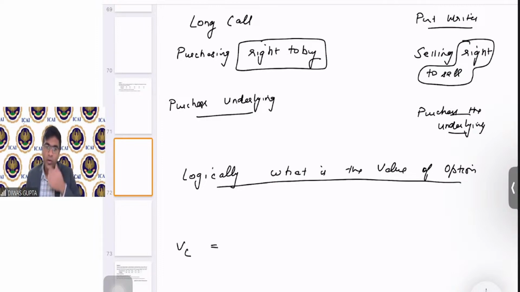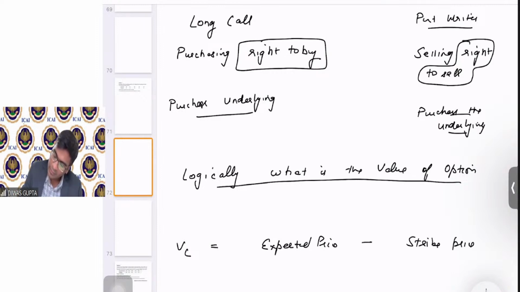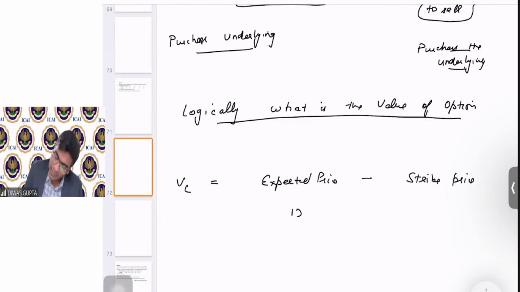Can we say for the value of a call option, it is expected price minus strike price? Let's say expected price is 120, strike price is 110. Maximum a person will give 10 rupees as premium. Correct?